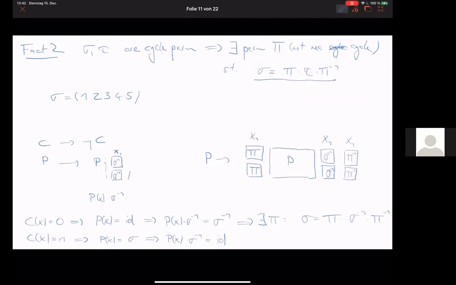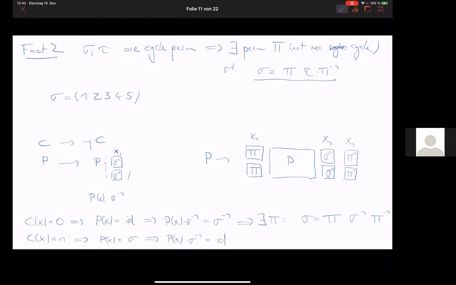Sorry, one question. Is there maybe an inverse missing at the top? No. I mean pi times tau times pi inverse. It just says there exists a permutation pi that translates between sigma and tau.